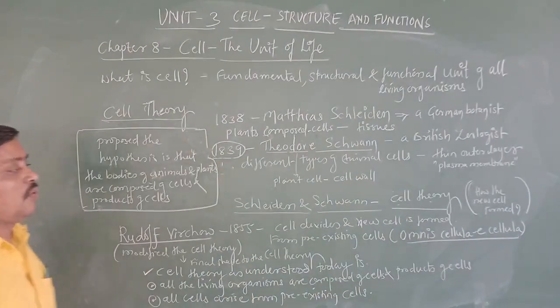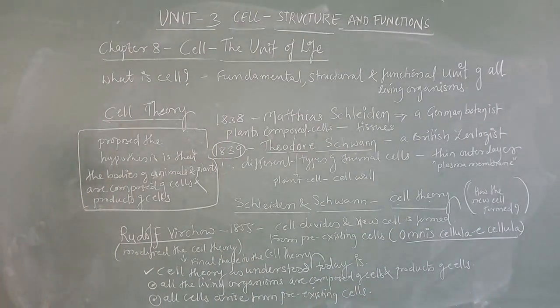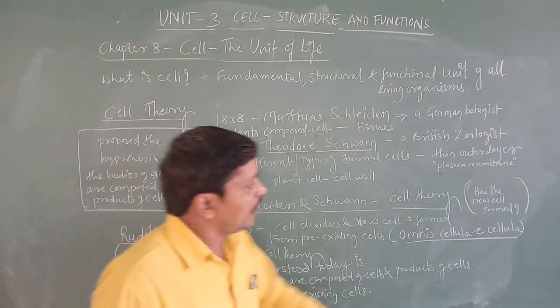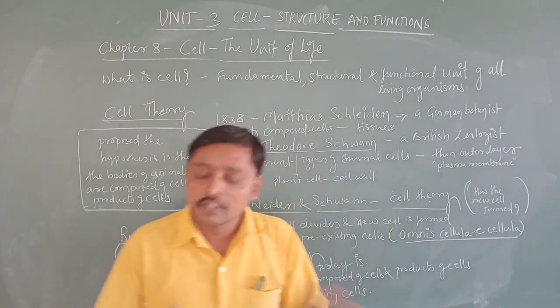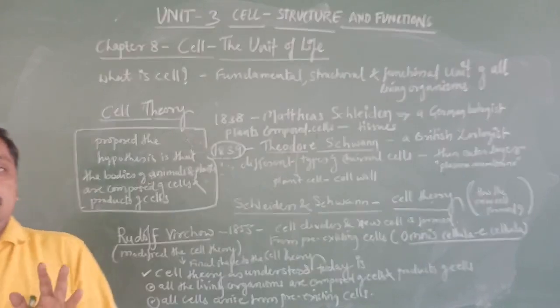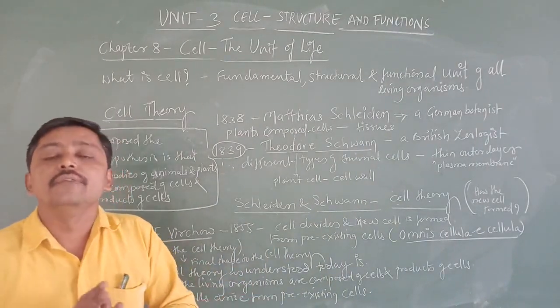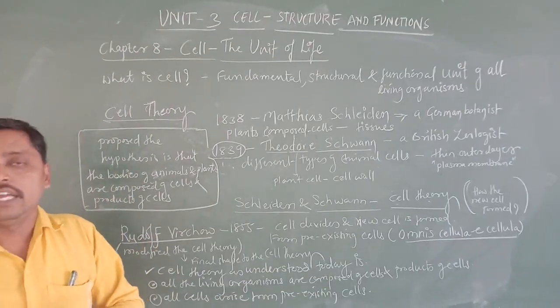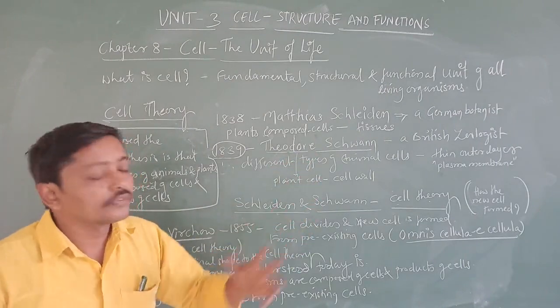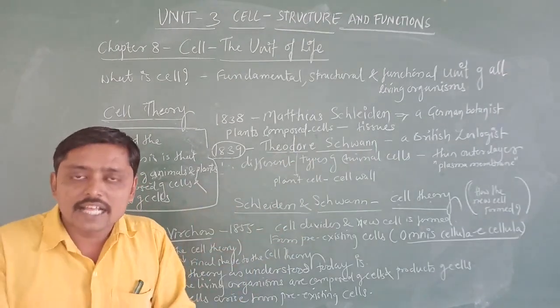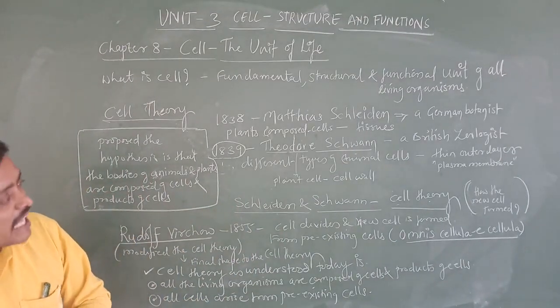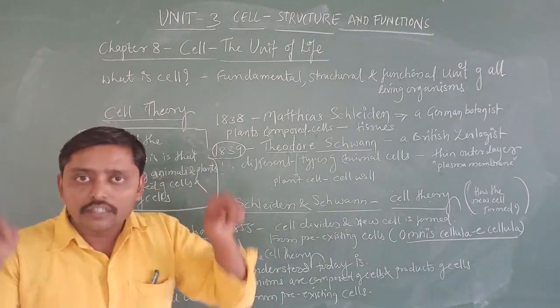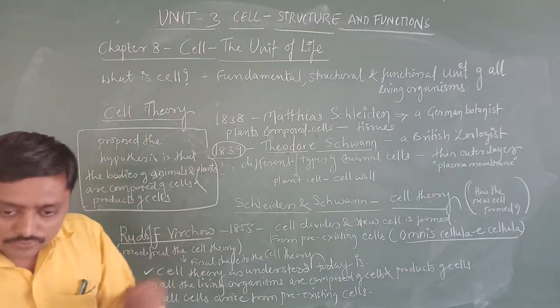Okay, but what happened when they proposed the cell theory? At that time I wrote in brackets one thing: how the new cell is formed. They told that plants are composed of cells, animals are composed of cells. Afterwards this fellow told the animal cell has the outermost layer, today called the plasma membrane. The plant cell has the cell wall.